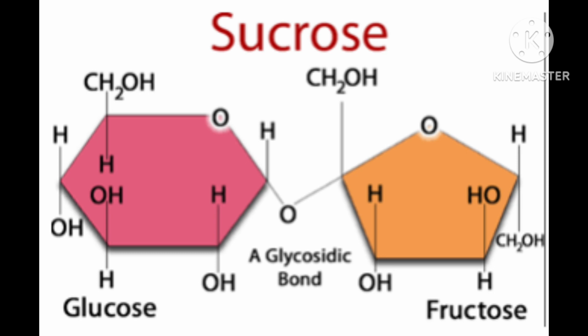The two monosaccharides are joined together by an oxide linkage formed by the loss of a water molecule. Such a linkage between two monosaccharide units through an oxygen atom is called a glycosidic linkage.